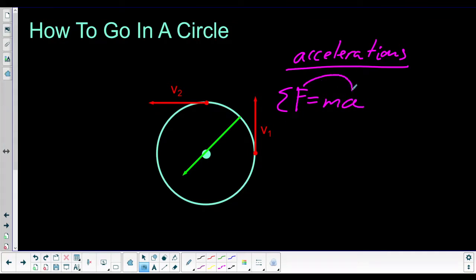So forces give us accelerations. So a more intuitive way to think about this is I need a force towards the center of the circle. That's what we really need, a force pointing towards the center of the circle to get us to turn without speeding up or slowing down. Okay.